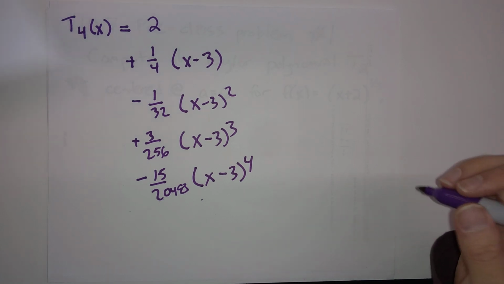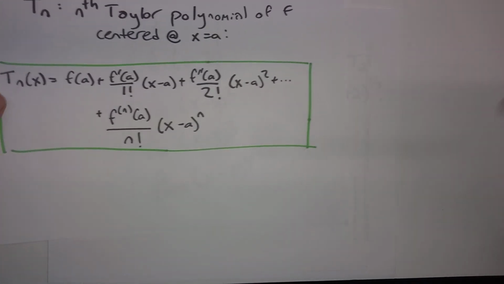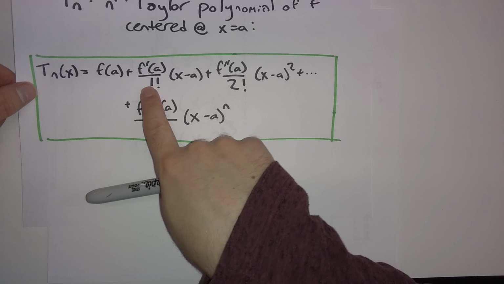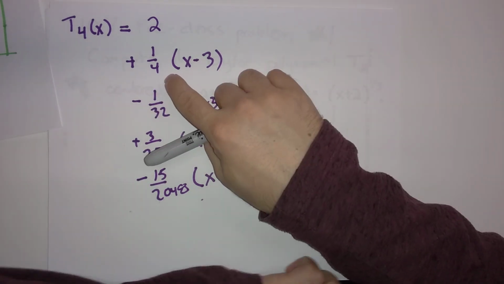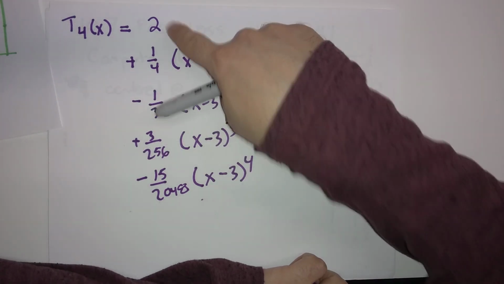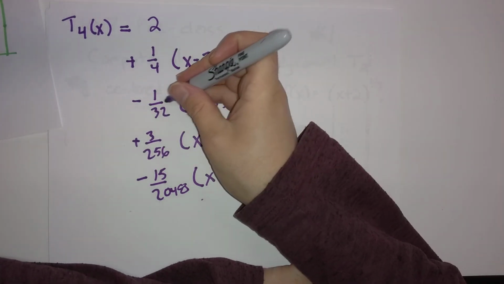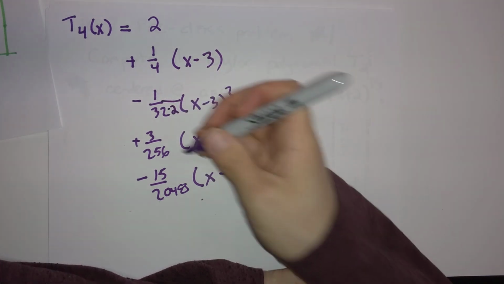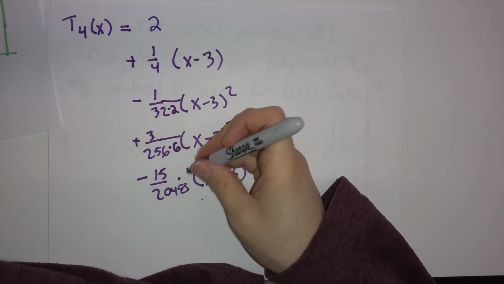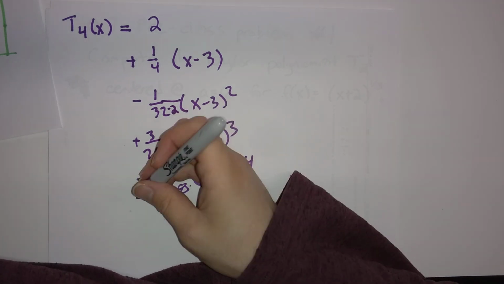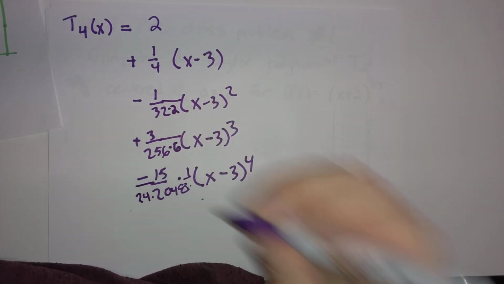And then the last thing we have to do is divide by 0 factorial, 1 factorial, 2 factorial, all the way out to n factorial. So dividing by 0 factorial, which is 1, divide by 1 here, divide by 2 here, divide by 6 here, and divide by 24 here.